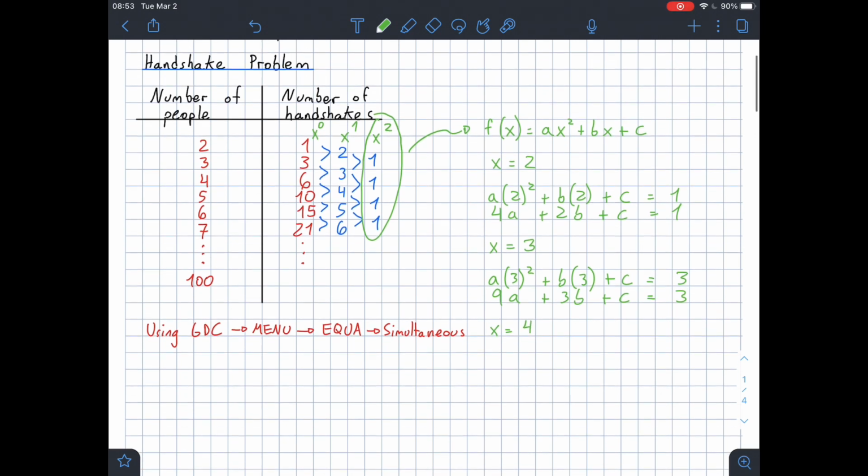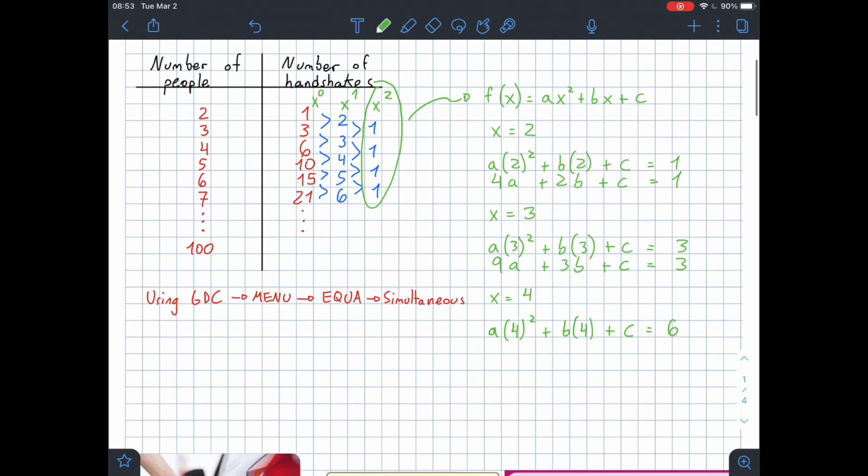If I replace our model with x equals 4, we would have a times 4 squared plus b times 4 plus c is equal to, and if we have 4 people in a room, we know that the maximum number of handshakes would be 6, right? So organizing this gives us 16a plus 4b plus c is equal to 6.